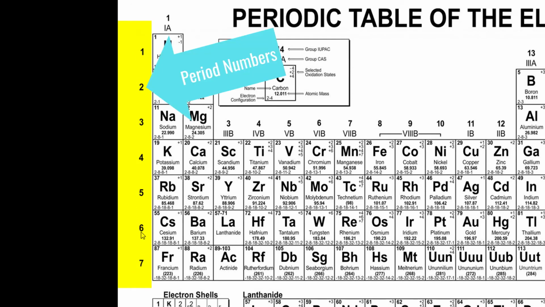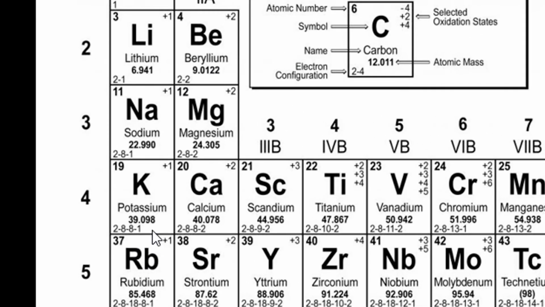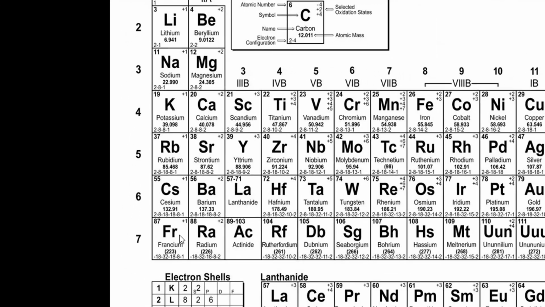And depending on the number of periods an element has, that tells you how many shells it has or how many orbitals it has. Here in period 4, we have potassium. Potassium has 4 orbitals. Rubidium below it in period 5 would have 5 orbitals. Okay, that's a great hint to know.